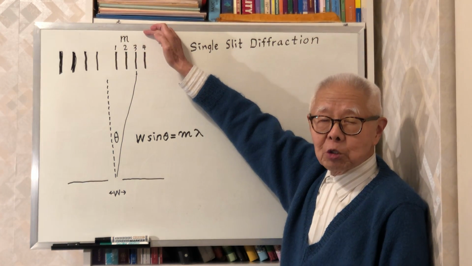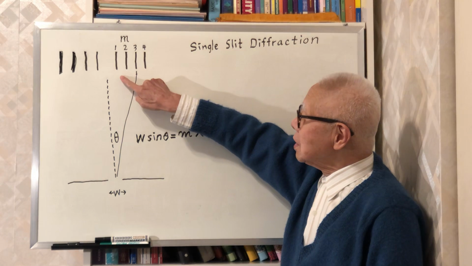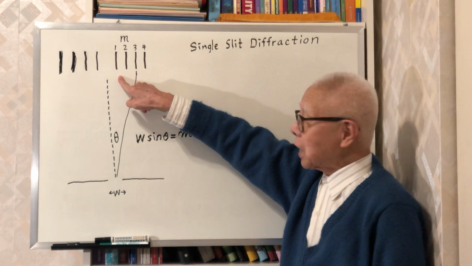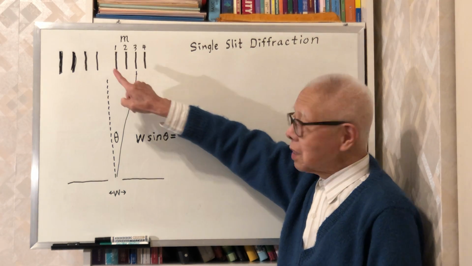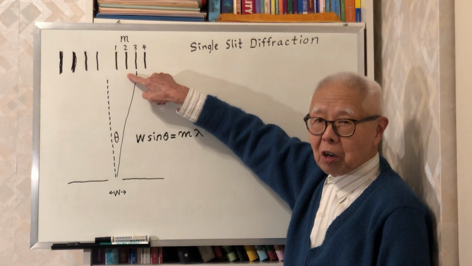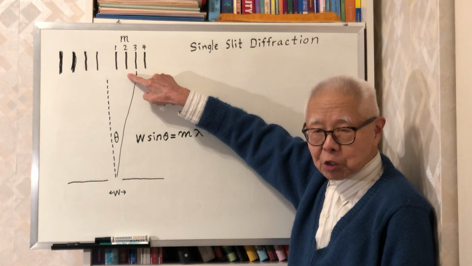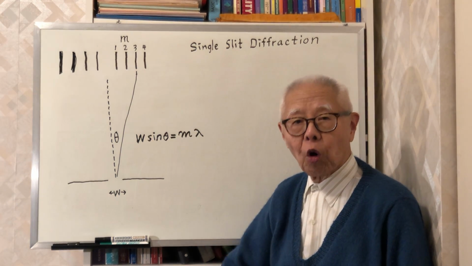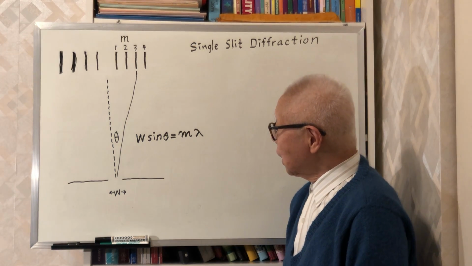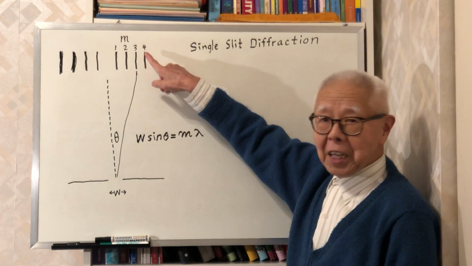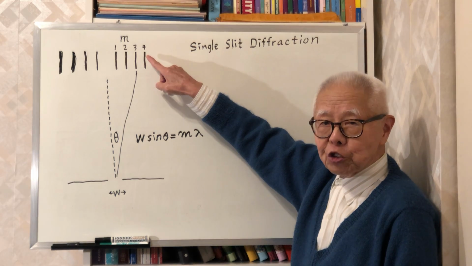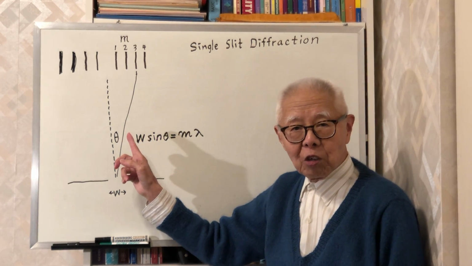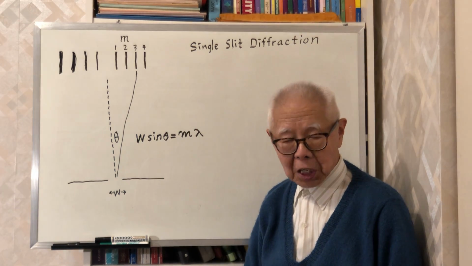Let's use M to represent the first dark fringe beside the center maximum, and the second one we call M equals 2, and M equals 3, 4, and so on. For any one of the dark fringes, let's draw a line, and this angle we call theta.